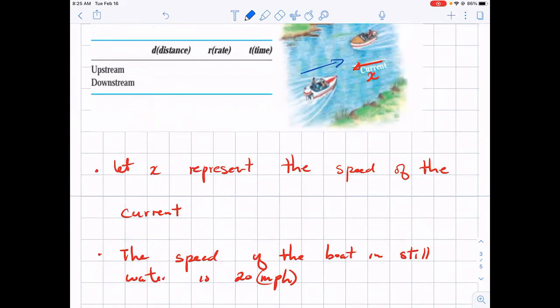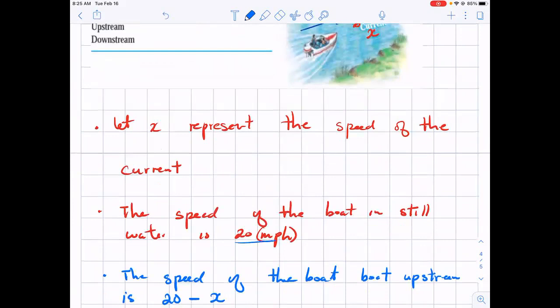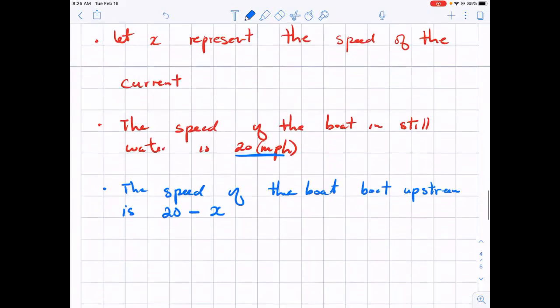If there were still water, the boat would have been 20, which is what we established before. Since you're going against it, you have some sort of resistance. And this is only because we're going upstream, against the current.